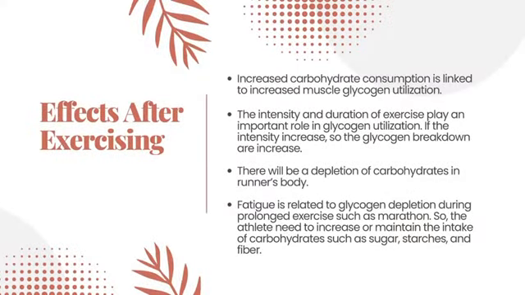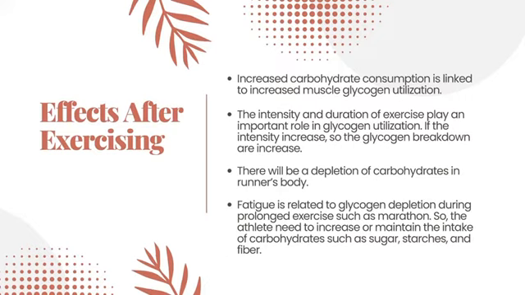Exercise has an impact on carbohydrate metabolism because of the increased demand for energy supply to the skeletal muscle. The rate of glycogenolysis will increase. Because of the high rate of consumption during exercise, the amount of glycogen in the body will decrease.